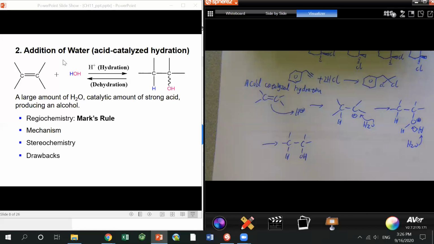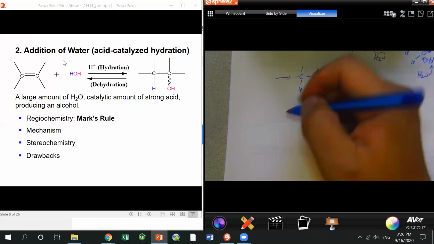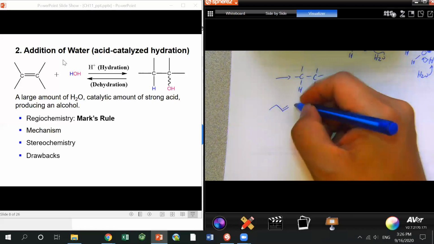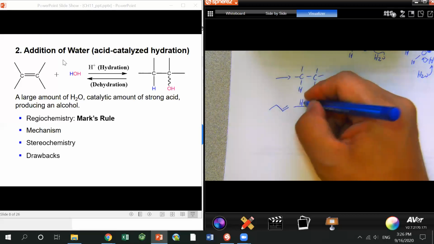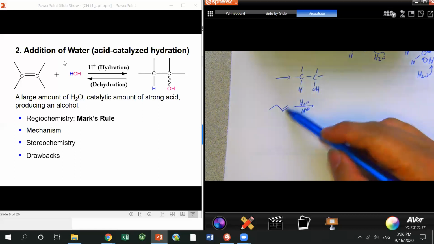Now the mechanism. This reaction still follows Markovnikov's rule. Let me show you one example. We have this unsymmetrical alkene.